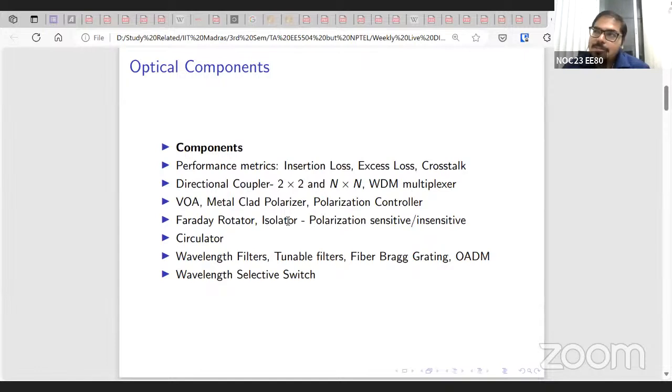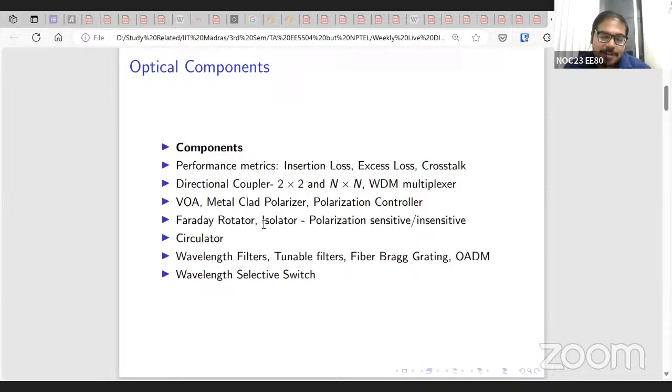Then we talked about some non-reciprocal devices. We talked about the Faraday rotator and birefringent walk-off blocks, and what was the other?